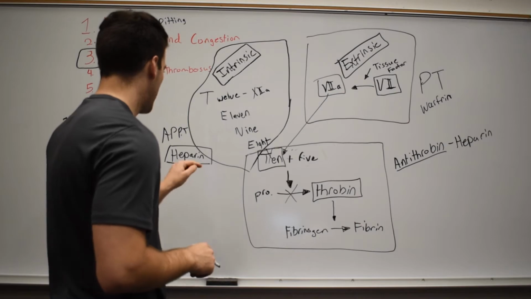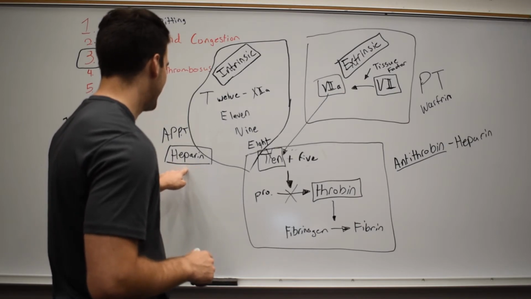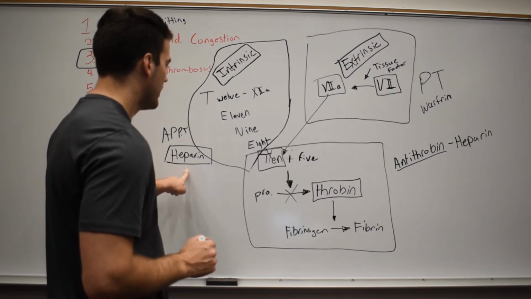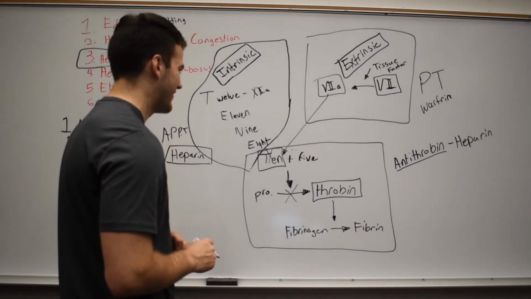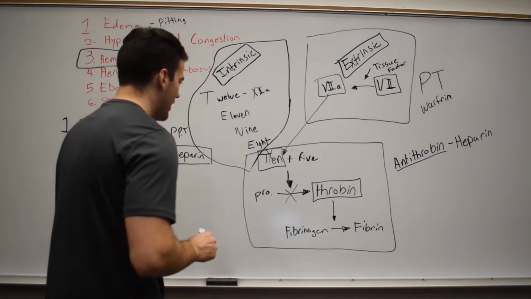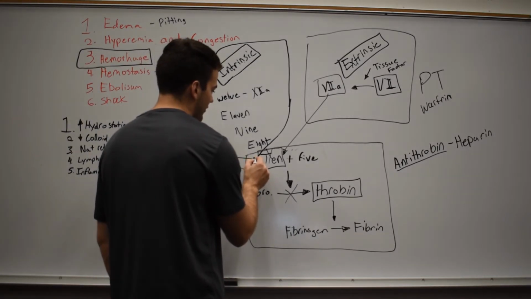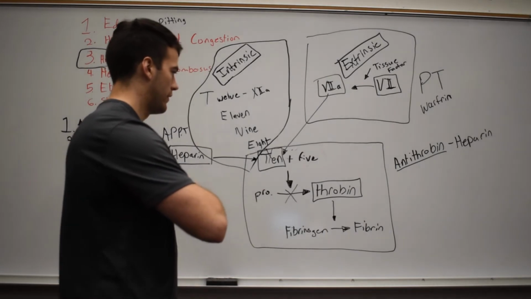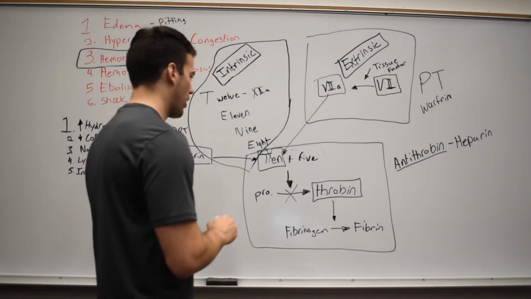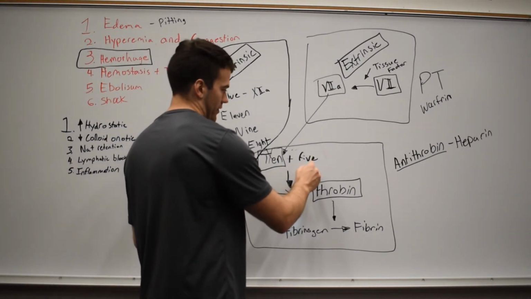All right? And that is directly influenced by heparin. So what does heparin do? Heparin, quizzically enough, actually inactivates or causes factor 10 to not be able to form a complex with 5.